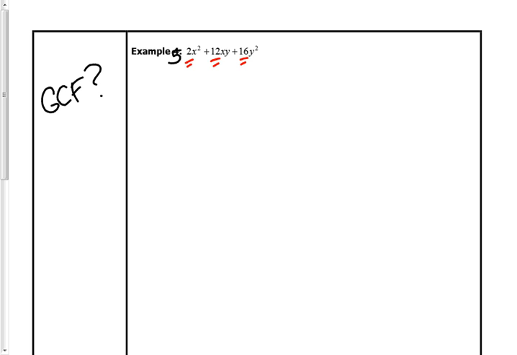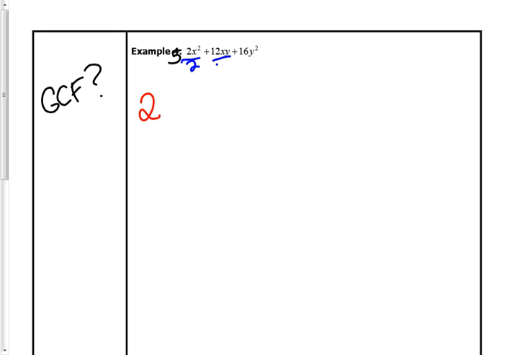All right, so I can remove a 2, and there's more than one variable here, but can I take out a variable? I can't, because they don't all have the same one. They don't all have an x, and they don't all have a y, so neither one of them can come out. So the GCF here is just a 2. So I have to divide each one by 2 to figure out what I have left over.